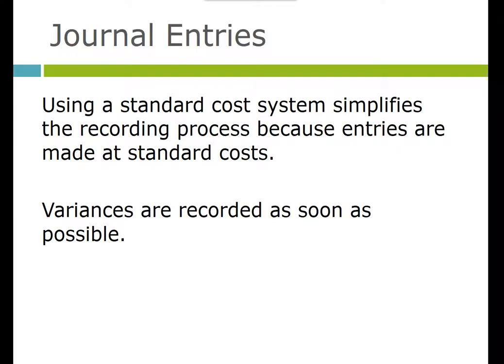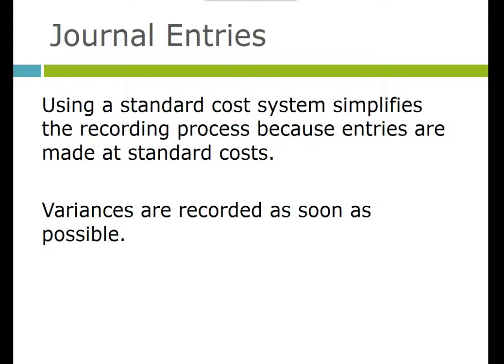The last thing, and I'm not going to go through all these, but all these things require journal entries, because what these ultimately mean is that you put everything into work in process at standard, okay? So labor, materials, all that, you put it in at standard. And that's what the journal entries walk you through.